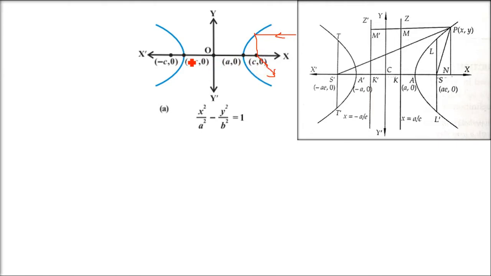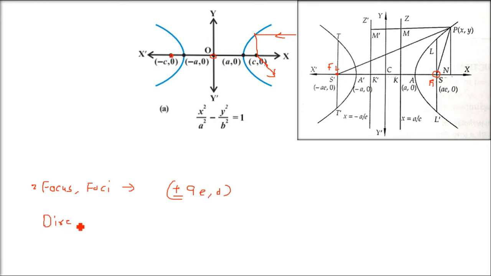I proved it in the previous discussion that if 0, 0 is the center, there are 2 focus points actually, F1 and F2, so I call them foci. If we want to point out the coordinates, it's c comma 0, but c I proved to be ae comma 0. Similarly on the left side it will be minus ae comma 0. So let us combine them: plus minus ae comma 0.